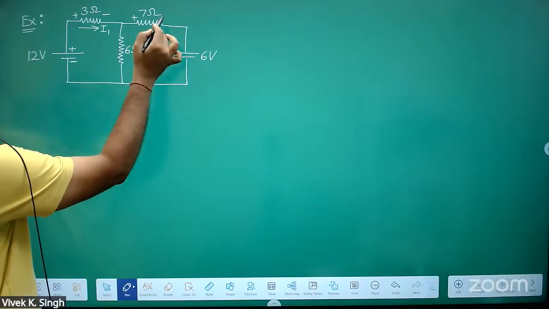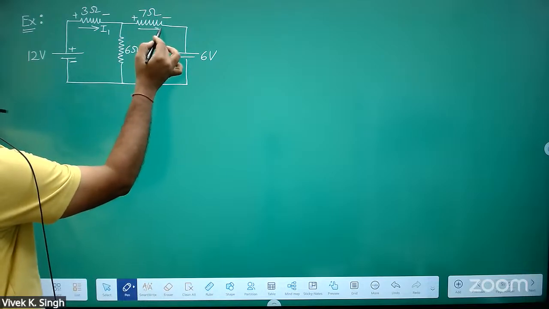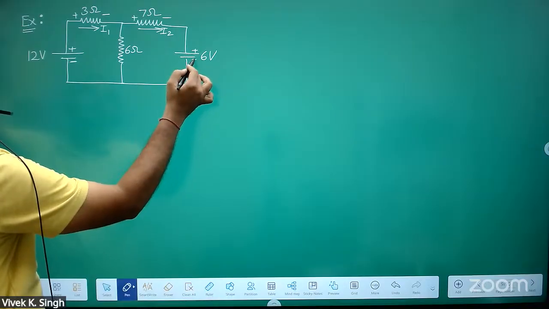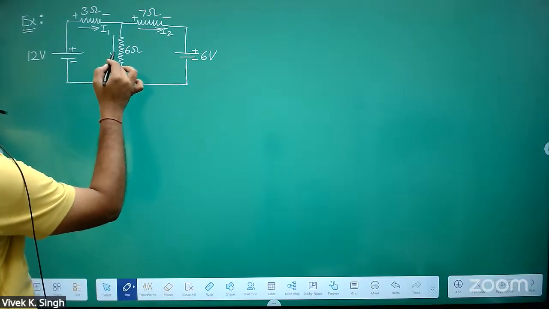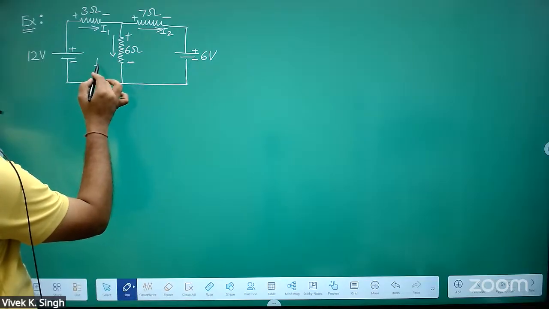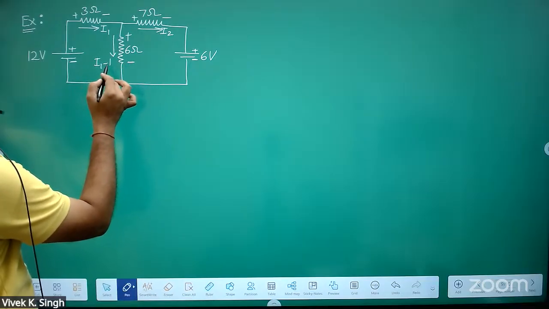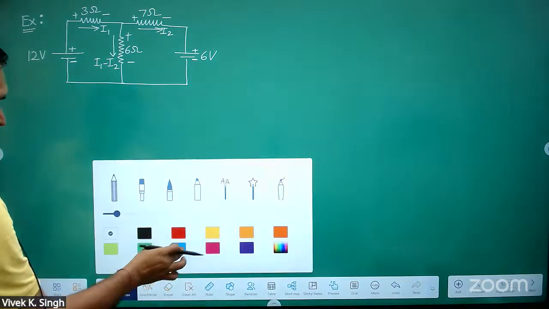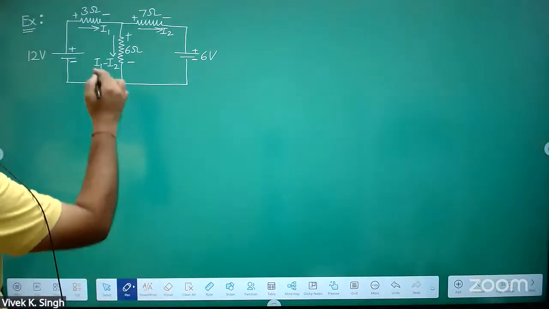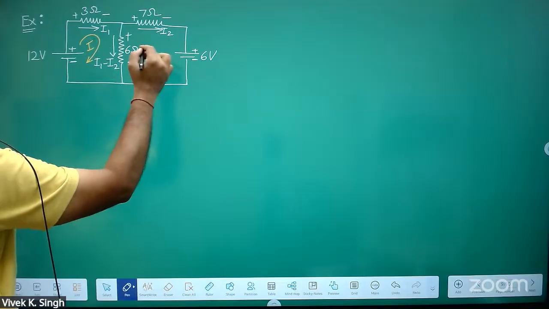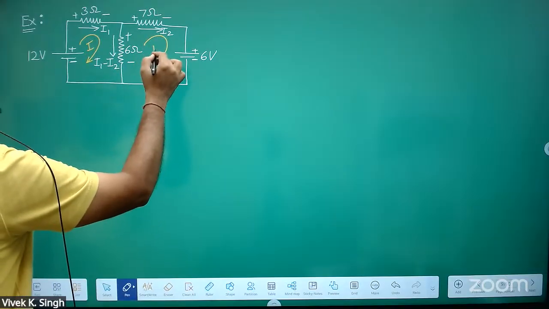I am assuming this current is I2. This polarity is plus minus. This is also plus minus. This is I1 minus I2. Okay? Now again, consider this to be loop 1 and this to be loop 2.